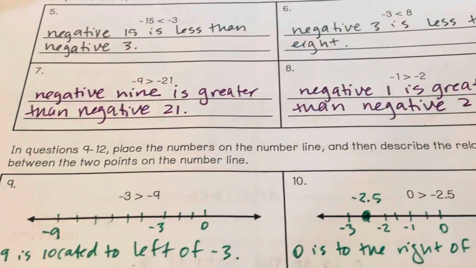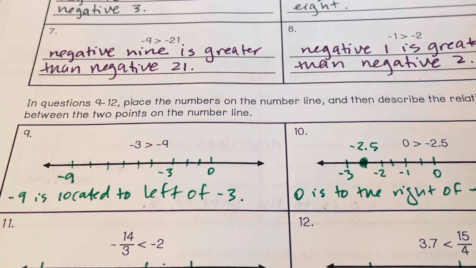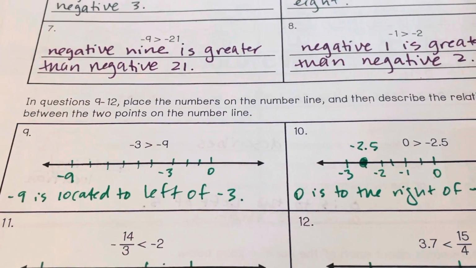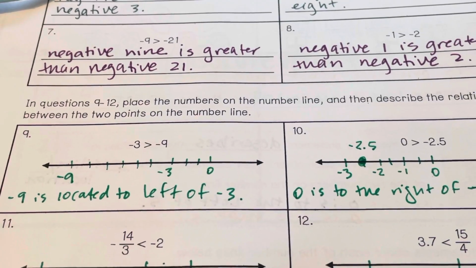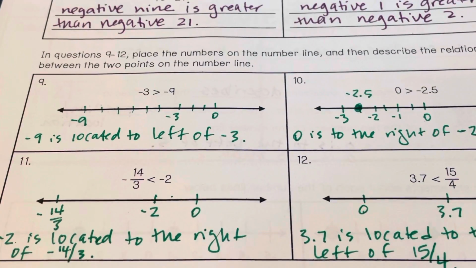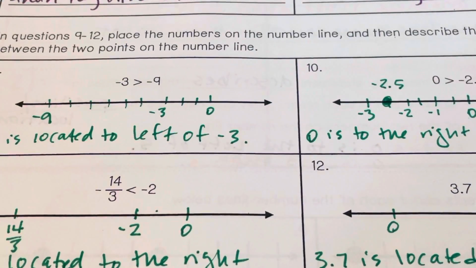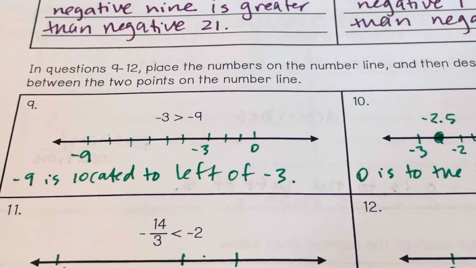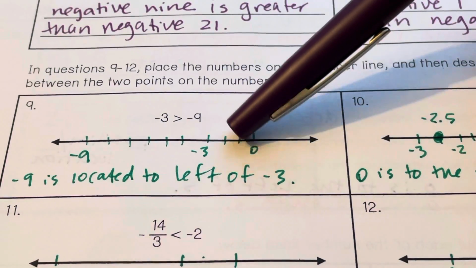Below there, in questions 9 through 12, place the numbers on the number line and then describe the relationship between the 2 points on the number line, okay? So in describing their relationship, we're thinking about their location and their value. All right, so here we have negative 3. Let's zoom into number 9. Negative 3 is greater than negative 9, so you can write out a little number line for yourself. You don't need to have all these lines.